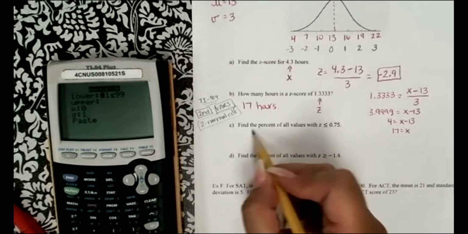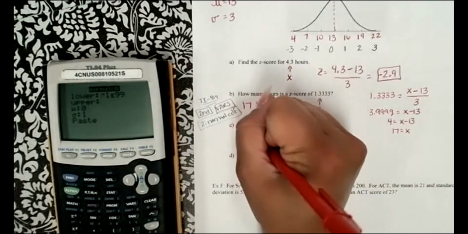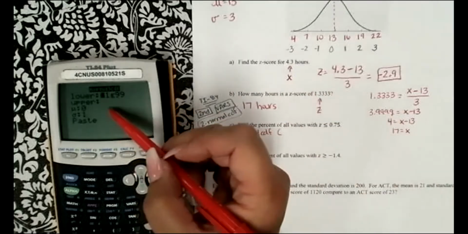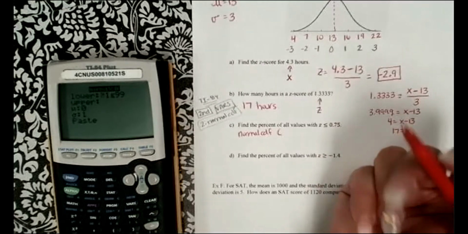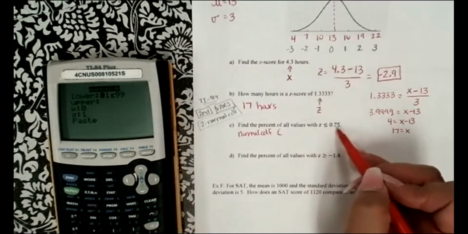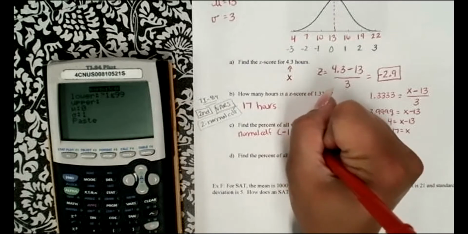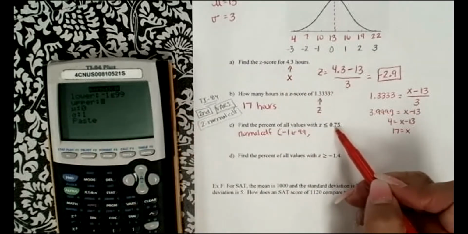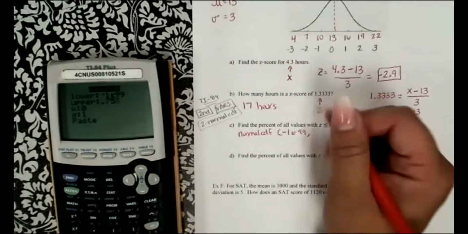So now here, it's going to be normal CDF. You're going to go ahead and leave the lower as negative 1 E 99. That's basically going to be a 0 because you want all the numbers from 0 to 0.75. Now the upper is going to be the 0.75 because you're looking at all the numbers up to 0.75.